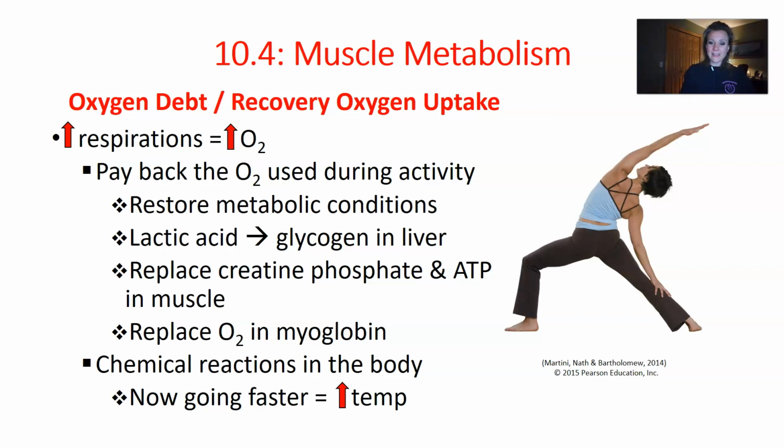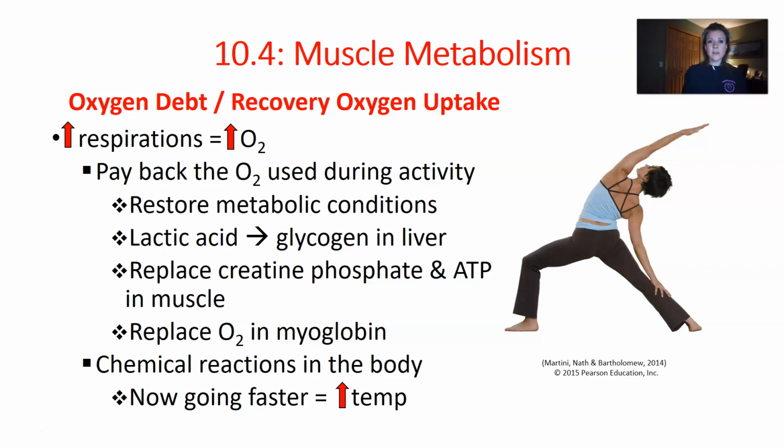And then finally, there are other physiologic processes like tissue repair that also require ATP. All of that is happening at a faster rate, and so your body needs to bring in more oxygen in order to generate the ATP for all of those tissue repairs.